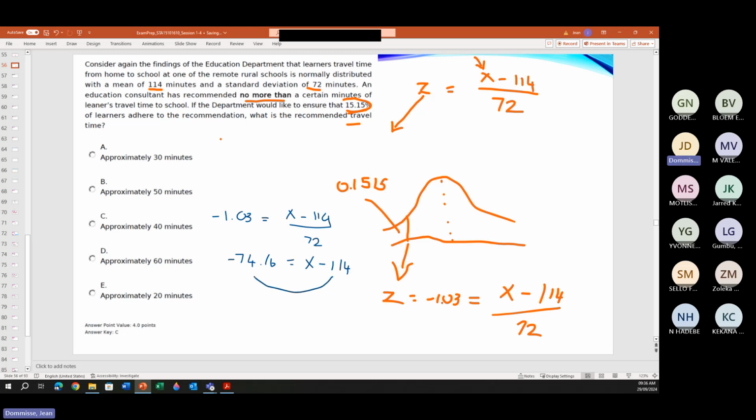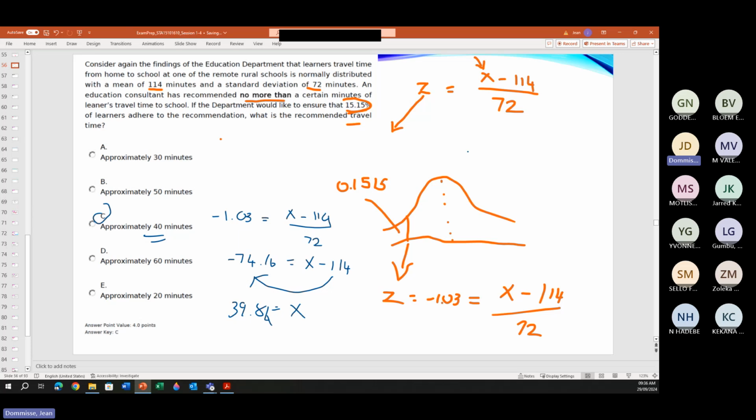And then I take the 114 over, which then becomes plus 114. So I get X is equal to 39.84, which is then approximately 40 minutes. Okay, so that is how we would work out this one.